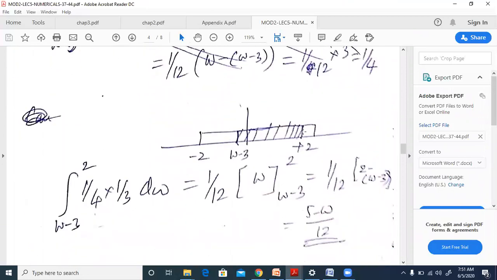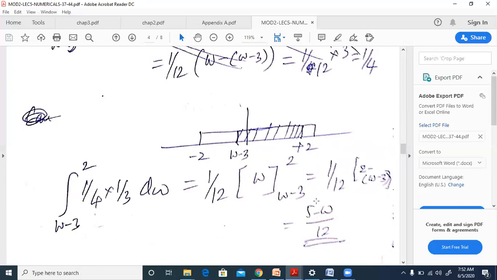We will have a partial overlap, and that partial overlap will be between W minus 3 to 2. So the limits of integration would be W minus 3 to 2, 1 by 4 into 1 by 3, dW, which is 1 by 12, W from W minus 3 to 2, equal to 1 by 12 times 2 minus (W minus 3), by substitution.